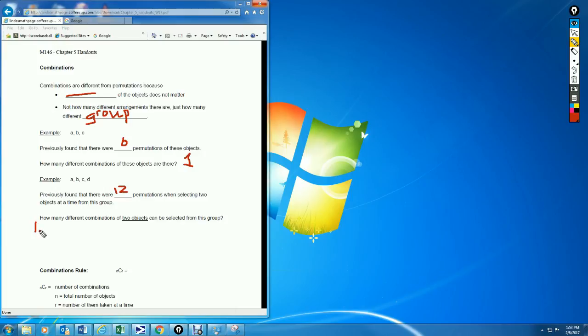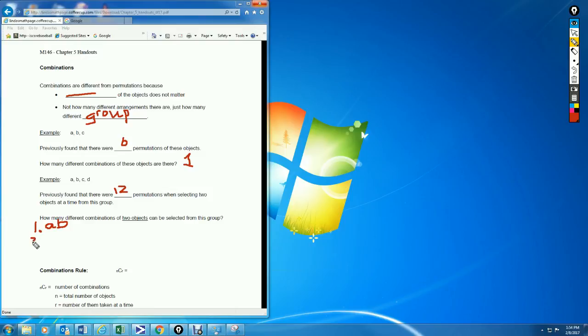So the first combination would be the letters A and B. Okay. And then last time, when we were listing the permutations, we said B and A because that is a different ordering. But this time, we don't have to do that because I don't care about the order. I am only looking at the different groupings of the letters.